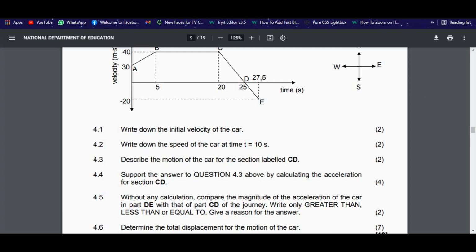So what we're going to do is have a look at this graph. We can see we have a trapezium-like looking shape.